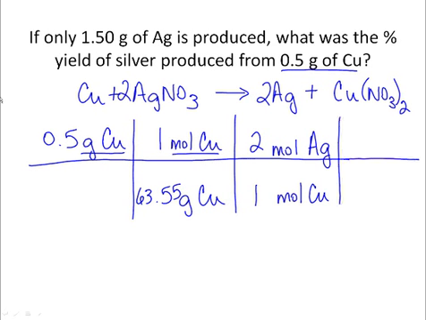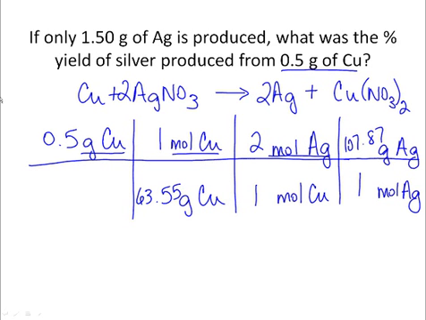We still have to go one more step because we want to figure out grams of silver. So if we have moles of silver here, you're going to want moles of silver on the bottom. And then we can put our grams of silver right up here. It's going to be 107.87 grams of silver and 1 mole of silver on the bottom.